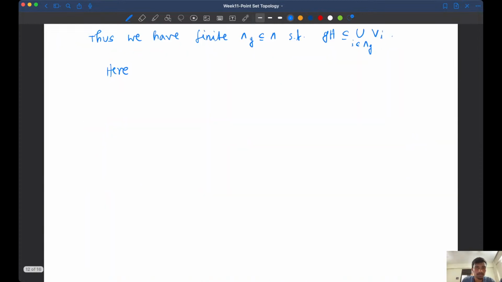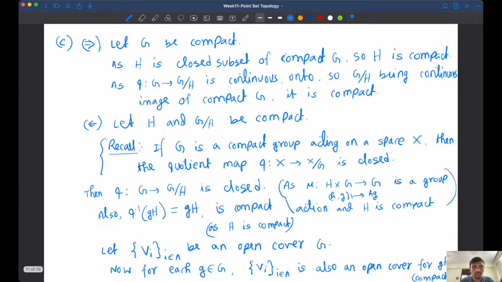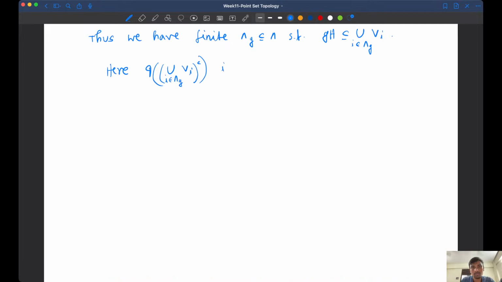So here, take the union over i belongs to lambda_g of V_i. This is an open set, the complement of that thing is a closed set, and Q is a closed mapping, as we have proved here. So Q of the complement is a closed set in G mod H, as Q is closed.